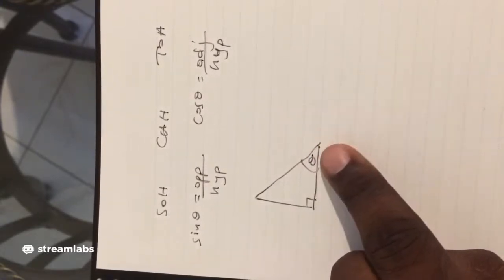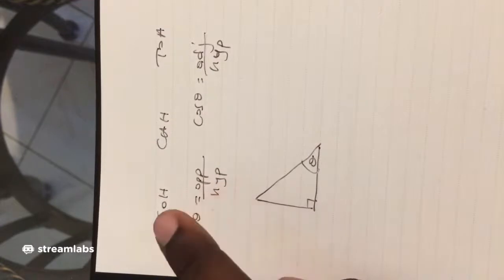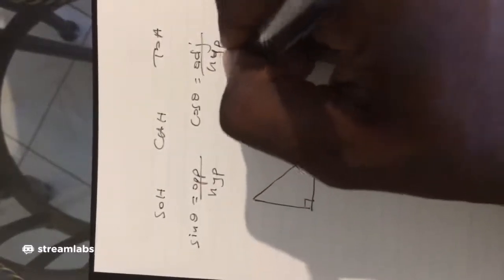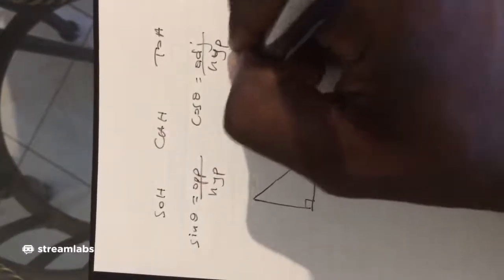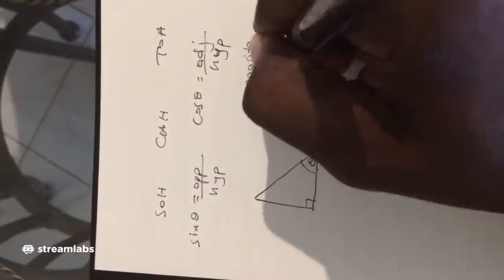Since this is theta, we're going to try to find where the opposite side is, where the hypotenuse is, and where the adjacent side is. All we're concerned about is the opposite side, the adjacent side, and the hypotenuse.